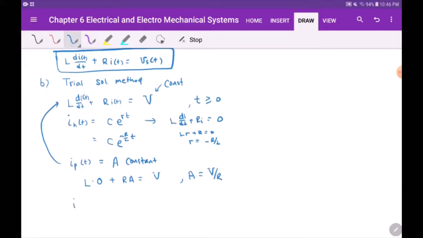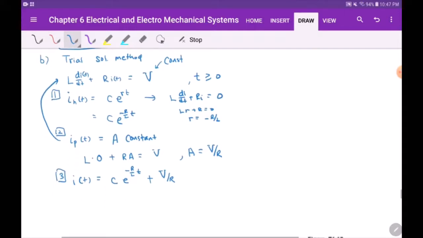So now I have a total solution. I of t equals C, an unknown constant, times e to the negative R over L t, plus V, capital V, that's your voltage source, divided by R. So this is your total solution. Step number 1 was here, step number 2 is right there, and step number 3, you combine them together.